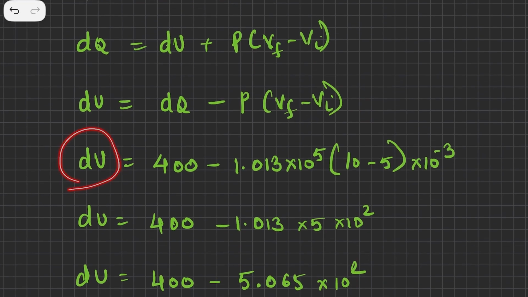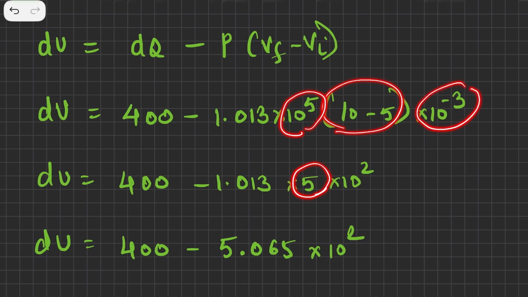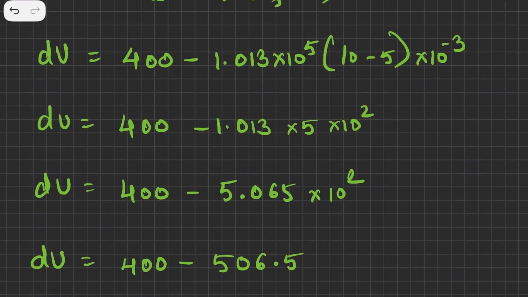Then dU is equal to, now dQ value is 400 given, P value I have written in the given, final volume is 10, initial volume is 5, and there is a 10 raised to minus 3 in both. I have taken the 10 raised to minus 3 common outside. Then 10 minus 5 I am getting as 5, and 10 raised to 5 and 10 raised to minus 3, 5 minus 3 will be 2, so 10 raised to 2 remains.